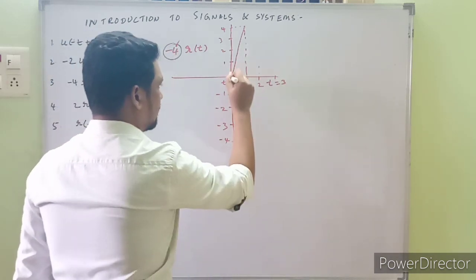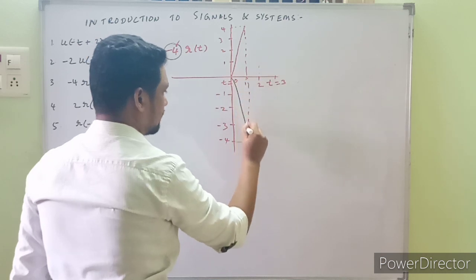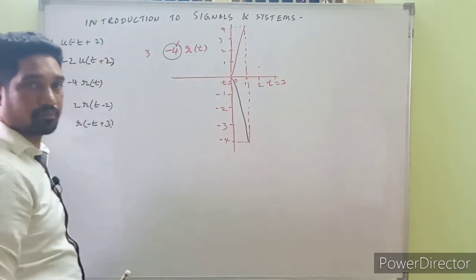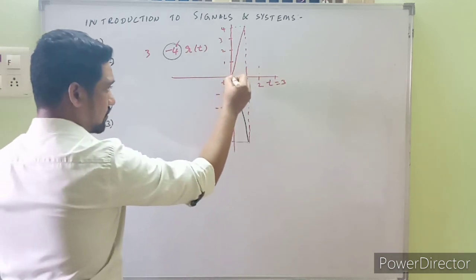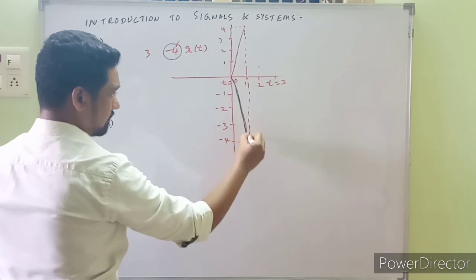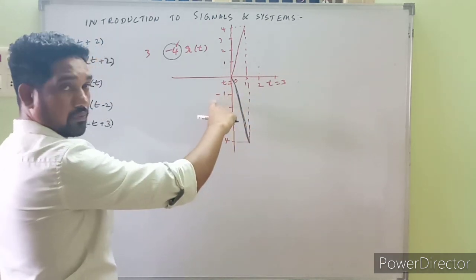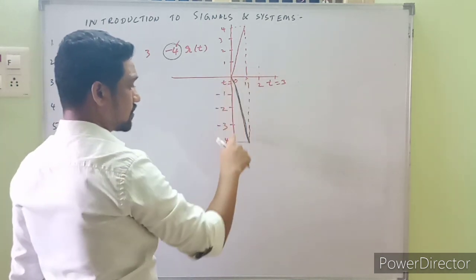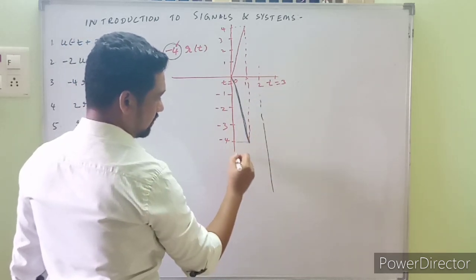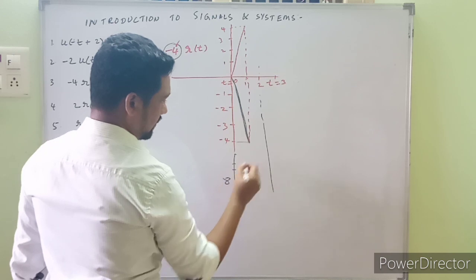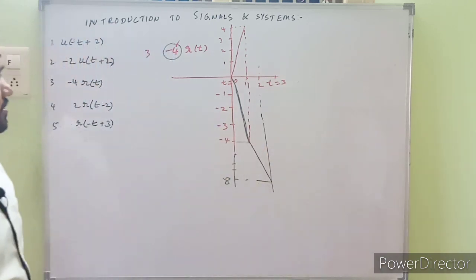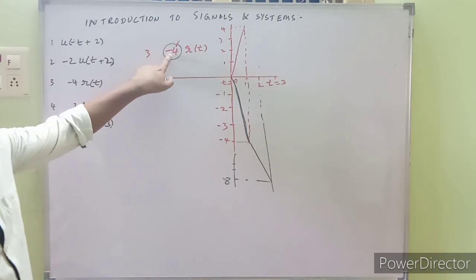This one in the black sketch is my sketch for minus 4 into r of t. Slope is 4. With one increment in time, the slope is 4. With another increment of time, it should be 8 over here. This is the meaning of this amplitude, right?